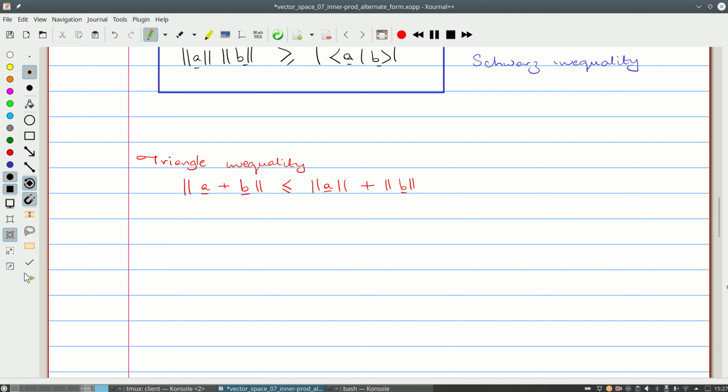And all this really says is that if you've got two vectors A and B, which form two sides of a triangle, then the length of A plus the length of B is always greater than or equal to the length of A plus B. That's all it's saying.